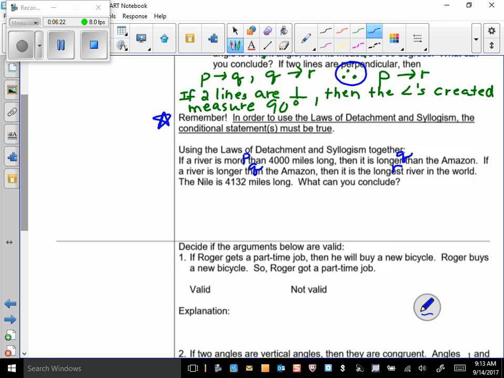And finally, the Nile is 4,132 miles long. What can you conclude? Okay, so there's P, longer than 4,000 miles.